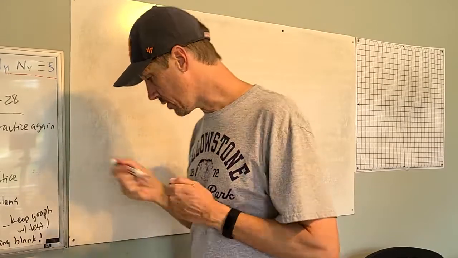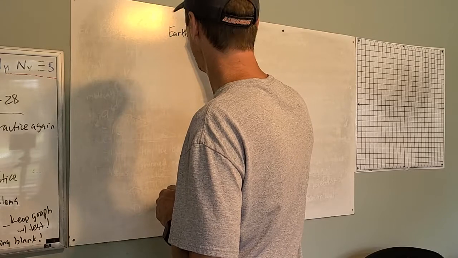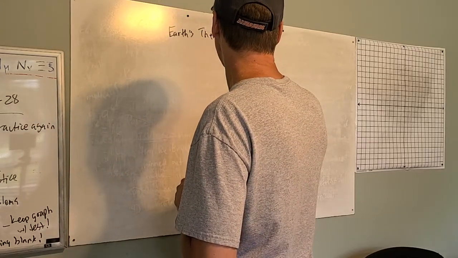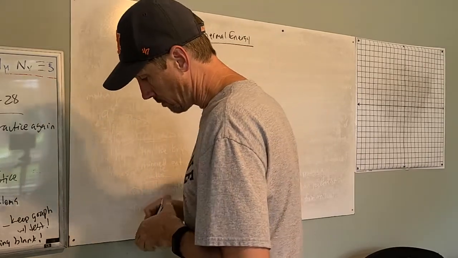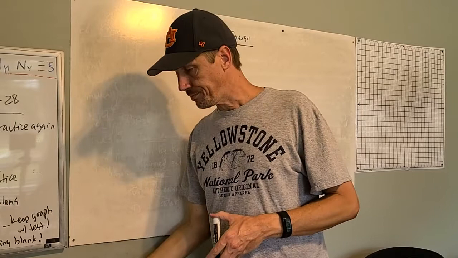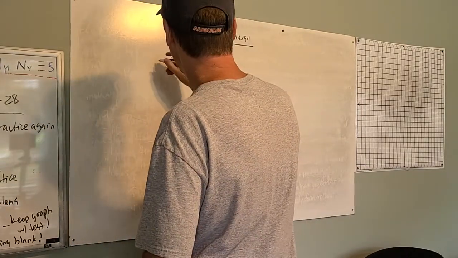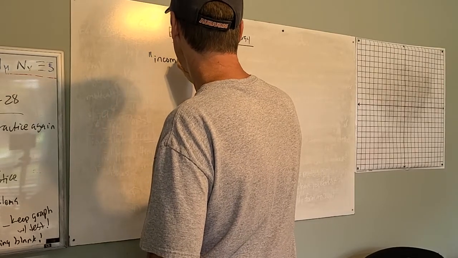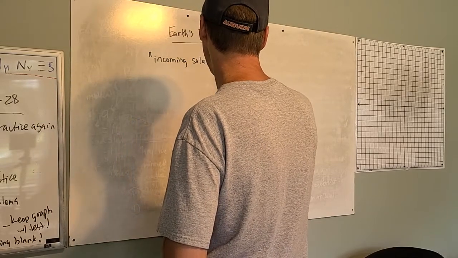So let's talk about one of our other topics that affects the weather, and that's thermal energy. So we have light that comes from the sun, and we call it this incoming solar radiation.